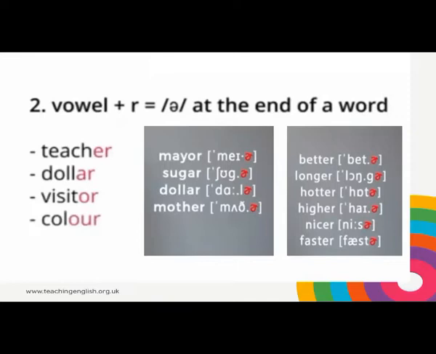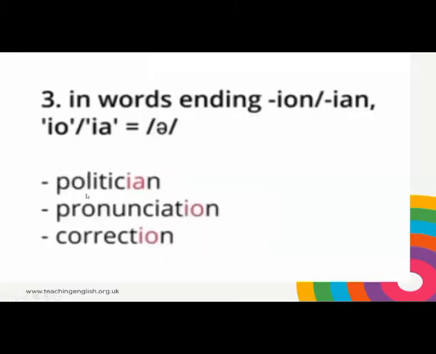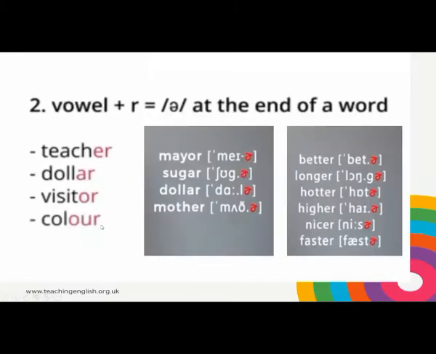Vowel plus R is pronounced as a schwa sound, especially at the end of the word. In the British accent, words ending in ER, OR, AR, or OUR are very often pronounced with a schwa sound.